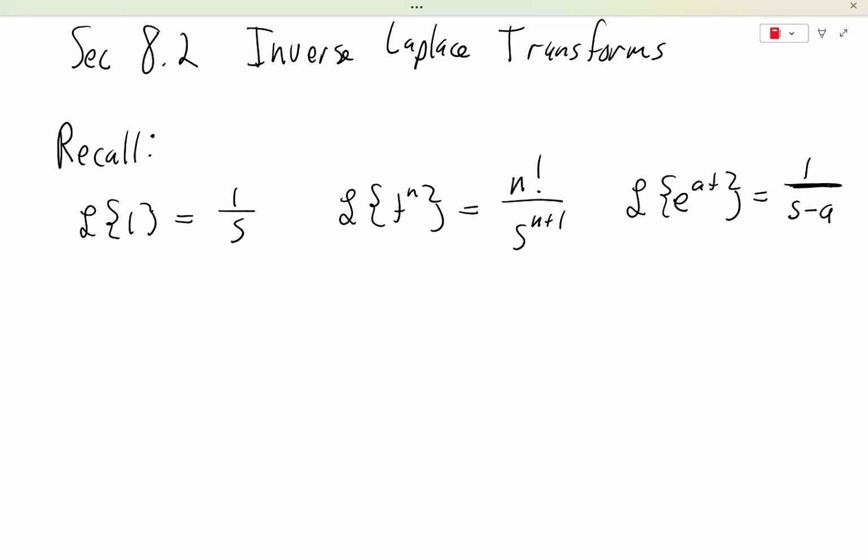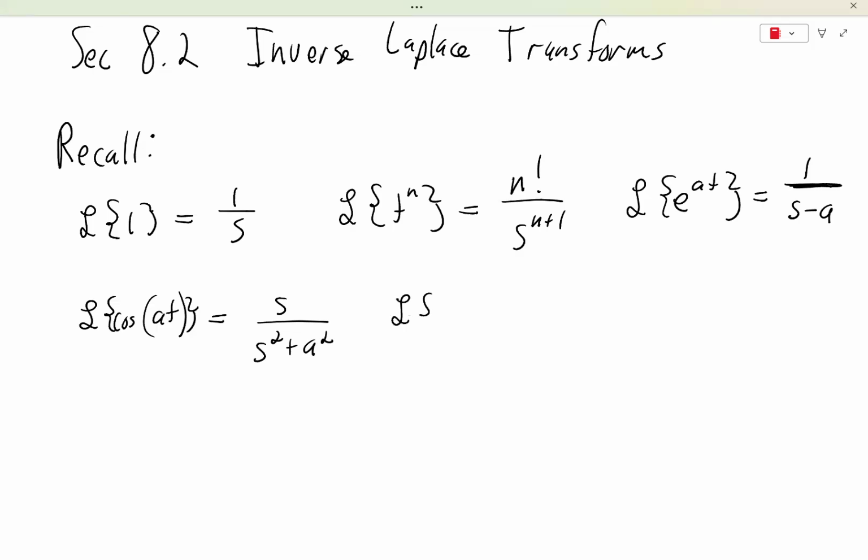There are like 6 of them I'm going to write down. The Laplace of cosine at, one more time, is equal to s over s squared plus a squared.